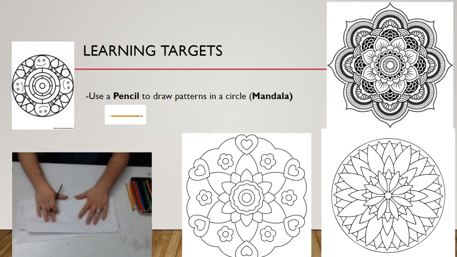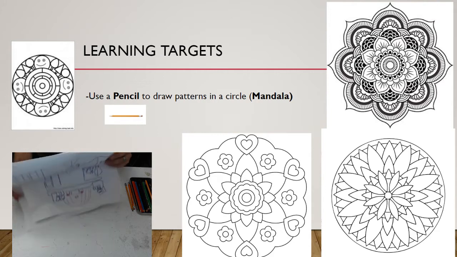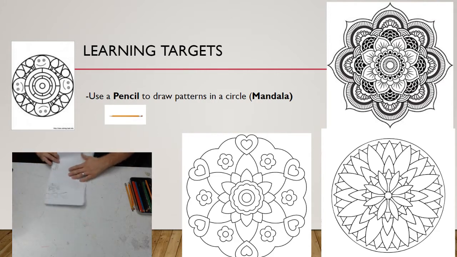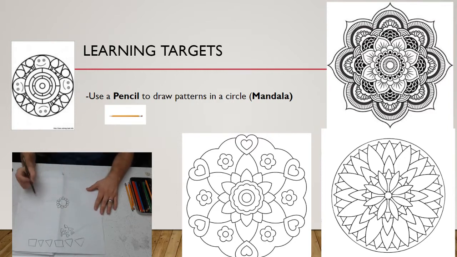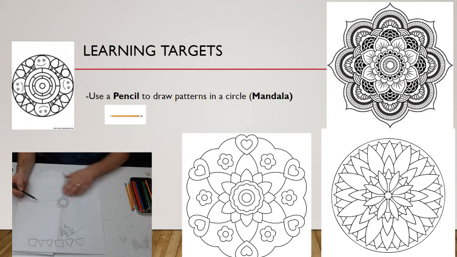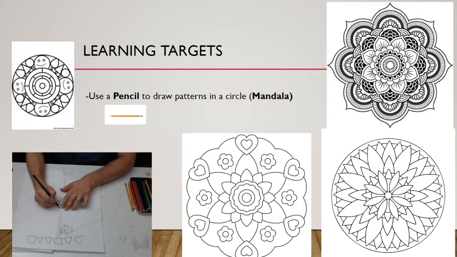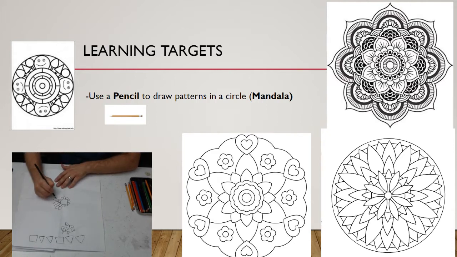You can fold it in half, and then you fold that in half. And what you end up with when you do those two folds is this big cross on your paper, right? And then that'll show you, okay, if I do some flower petals on that part, I do the same ones on the next part. That's just one way to do it. You can do it that way if you want, okay?